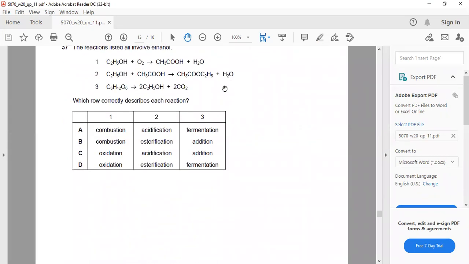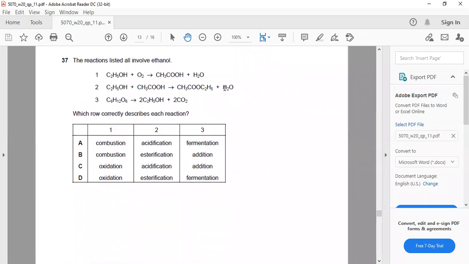37. Okay, it's about alcohol, carboxylic acid and ester. If you have not revised the alcohol and carboxylic acid chapter, then you will have problems in this question. The first equation is oxidation of alcohol, which takes place in the presence of acidified dichromate or KMnO4 also. One is oxidation, one is oxidation.